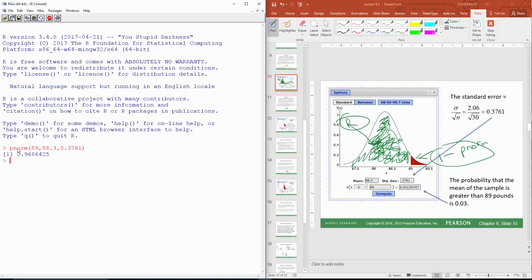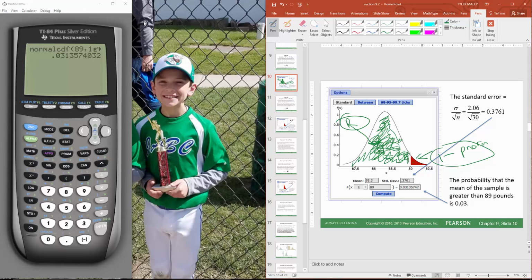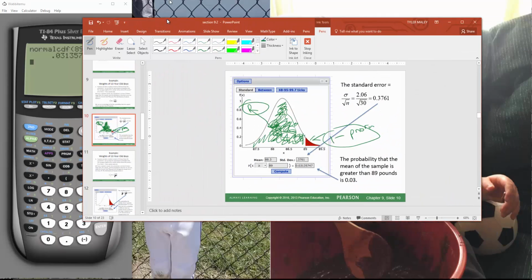Close my parenthesis, hit enter. This is giving me the green area. If I hit the up arrow, I will get what I just typed in, and if I put 1 minus in front of that and hit enter, then I'm getting this 0.03 value, which is the red, which is what I want. So remember, R always gives you the area to the left. That's just a refresher of what we did previously.